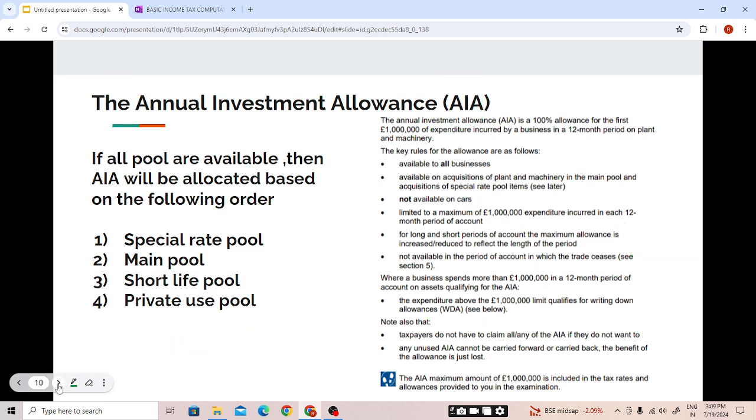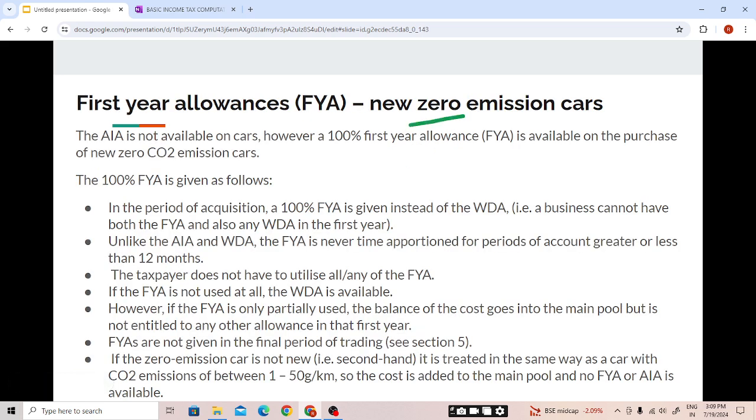And the FIA is available on new zero CO2 emission cars, that is 100%. And if we partially claim the FIA, we can't claim the WDA in that year, but in the next year we can claim it.